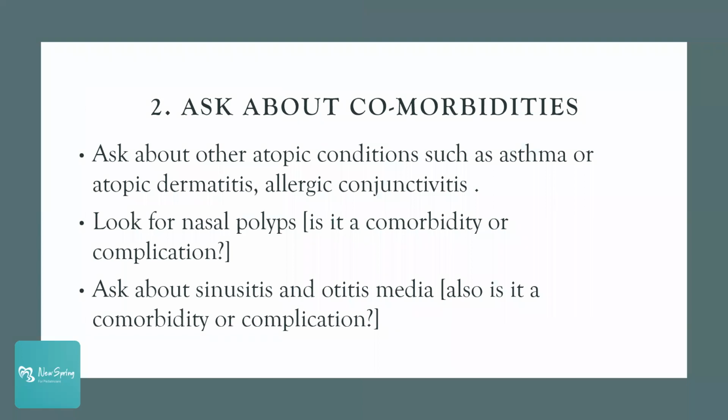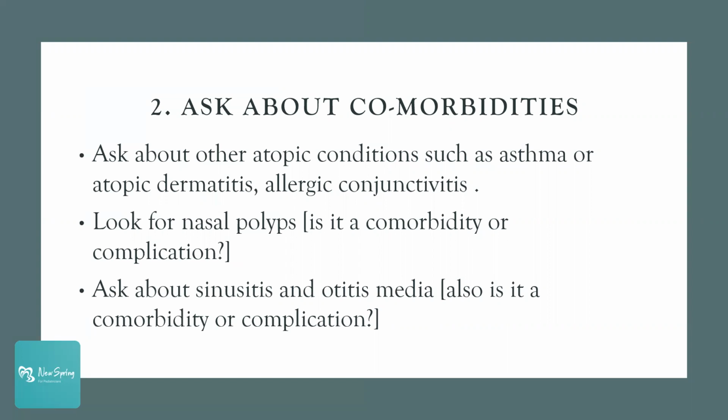You have to ask about comorbidities, and we mentioned asthma as the main comorbidity, but there are other atopic conditions, including atopic dermatitis and allergic conjunctivitis. You have to look for nasal polyps, and this is quite tricky because there is a controversy over whether nasal polyps are a comorbidity or even a complication of allergic rhinitis, but you have to make sure whether it is present or not.